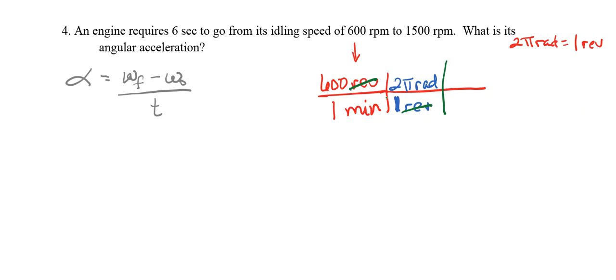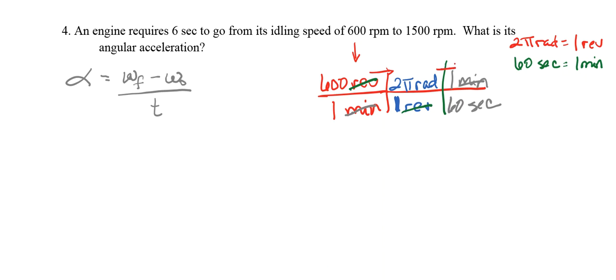Now I need my minutes to go away, and I know there are 60 seconds in 1 minute. If I need my minute to go away, I need my minute on top. That way they cancel, which puts my 60 seconds in the denominator. So I'm at radians per second, where I need to be.